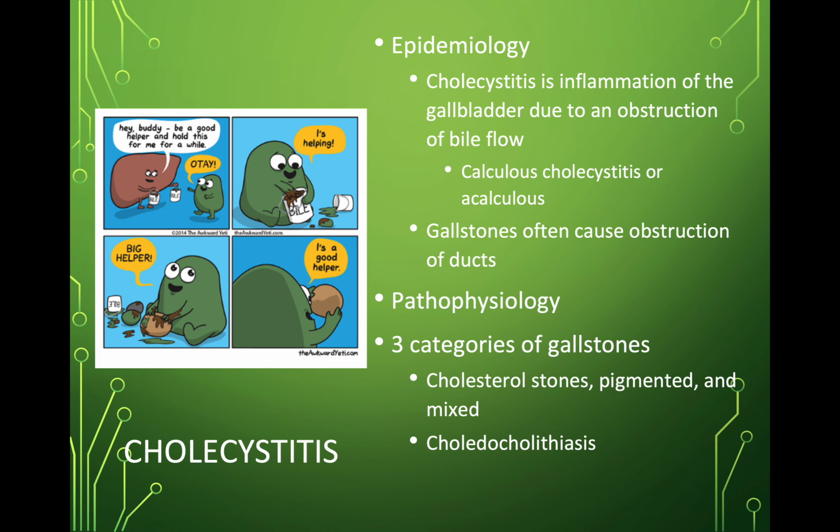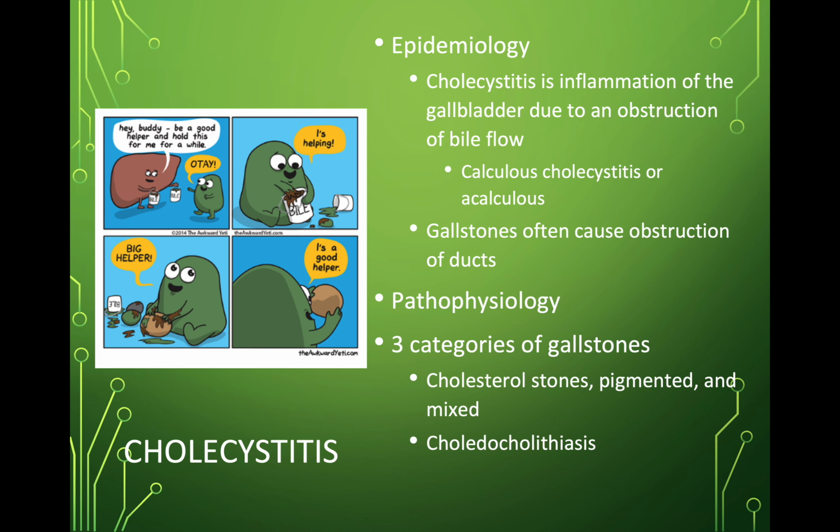So bile is made in the liver, and it is utilized for digestion of things like fats. And the liver will dump bile into the small intestine in response to the presence of these types of foods, but sometimes it's not needed right away, and so it's stored in the gallbladder, and that's basically what the gallbladder is, a storage place for bile.